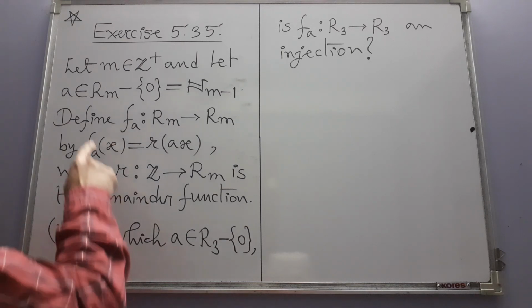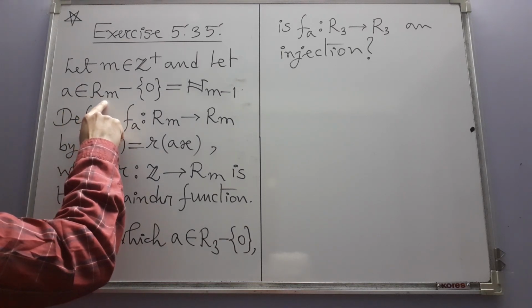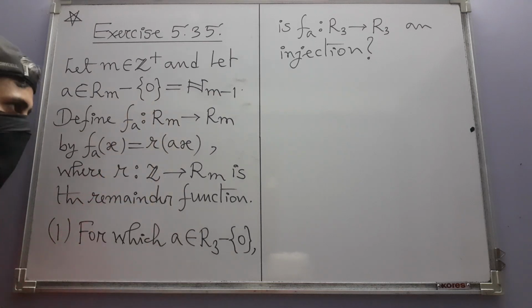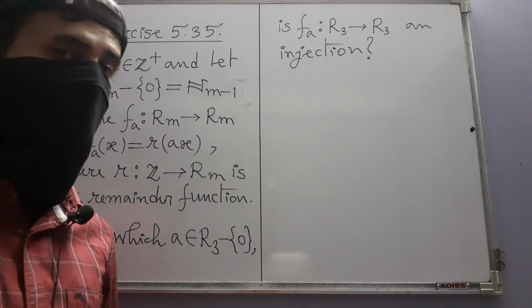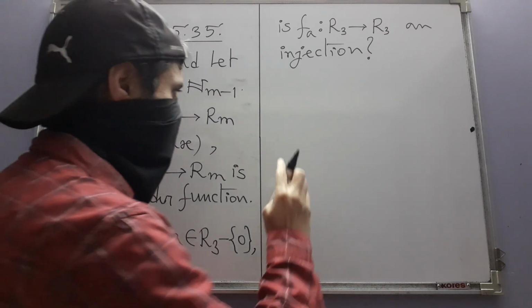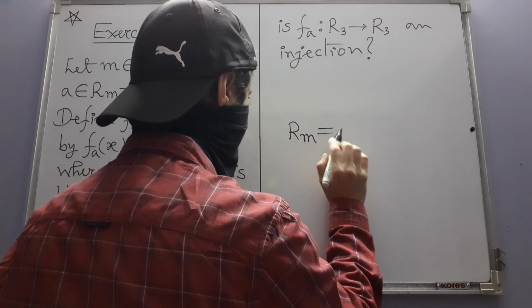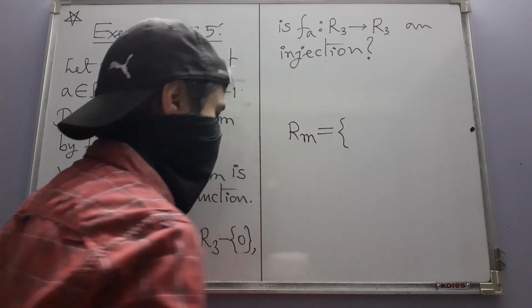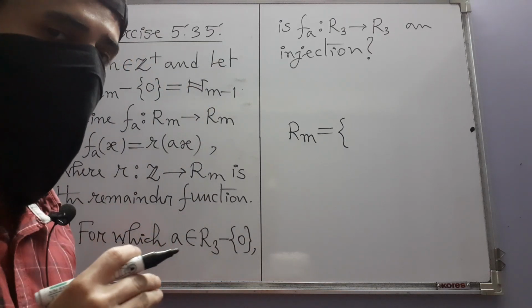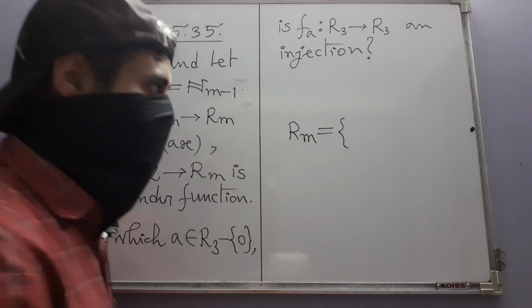And A is an element in the set Rn from which 0 has been removed. What is Rn? Rn is this set. Rn is the set of all non-negative integers less than n.